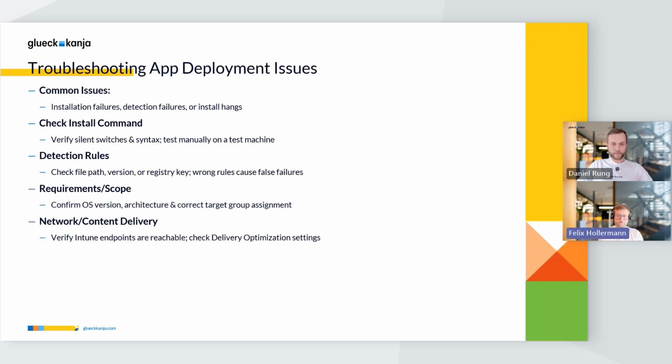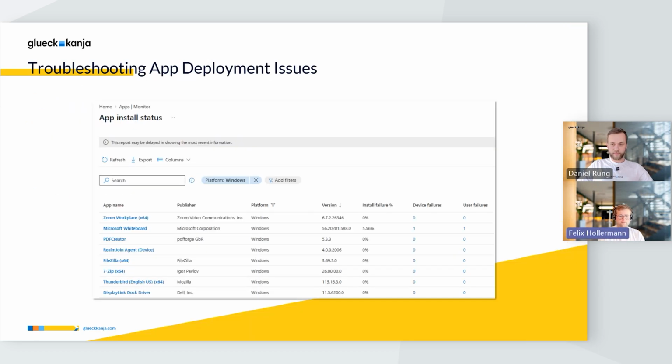Ensure that your endpoints can reach the Intune service endpoints, or that the delivery optimization settings are not blocking large downloads. You can monitor the installation status in the monitor page in Intune. And when you see a high count of install failures in an app, you have to do some work here and pay attention to it.